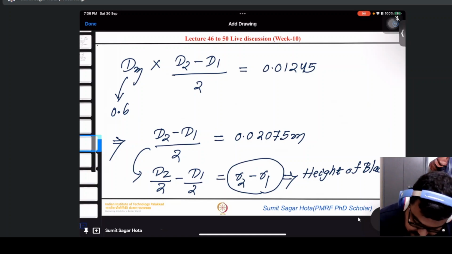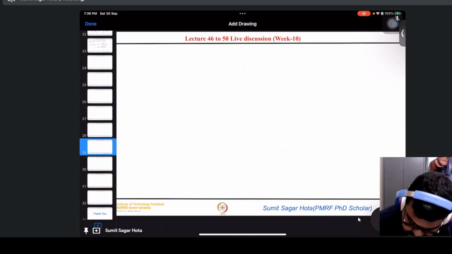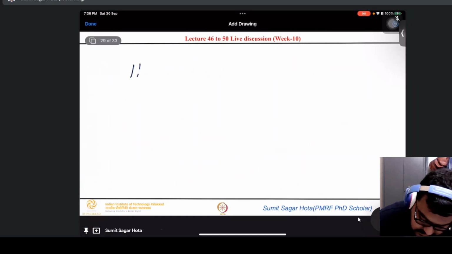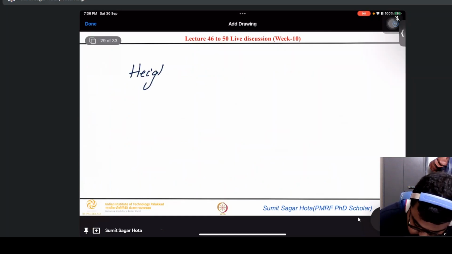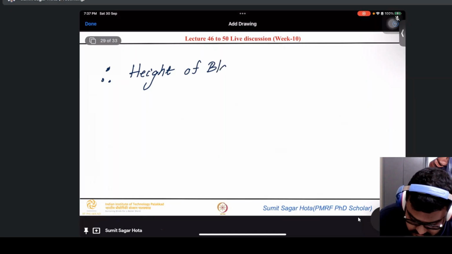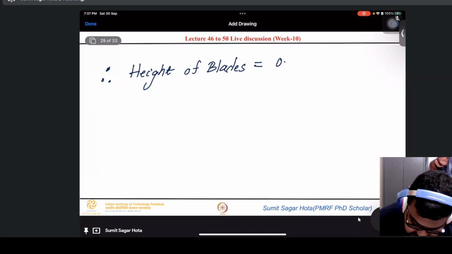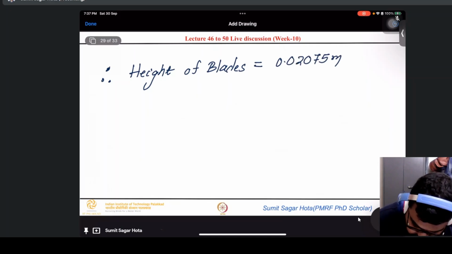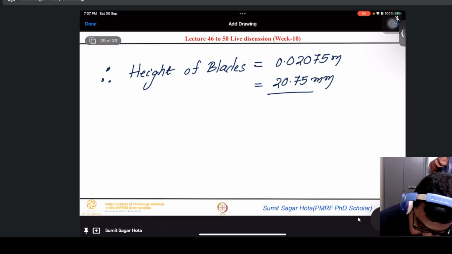So your height of blades is equal to 0.02075 meter or 20.75 mm. This is your answer.